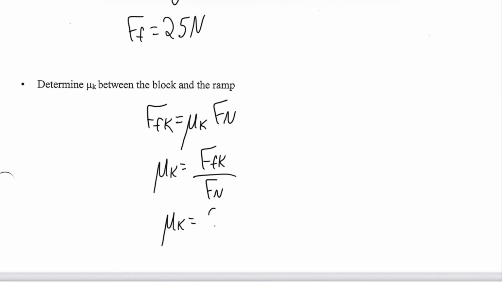For our force of friction is 25 newtons. This is over 43.3 newtons. So when we plug this into our calculator, we will get that this is equal to 0.577 for our coefficient of kinetic friction. And as a reminder, there are no units for our coefficient of kinetic friction since it's just a proportion.